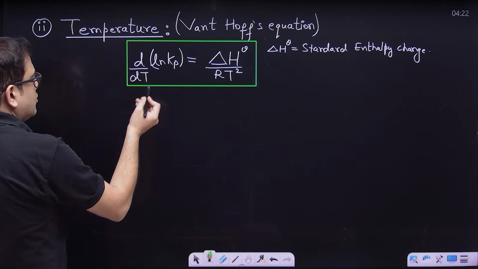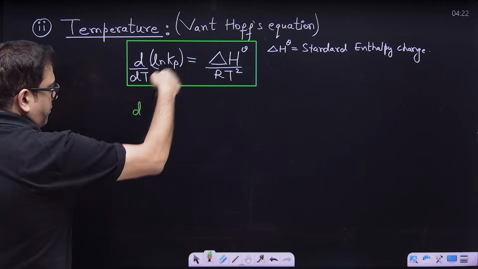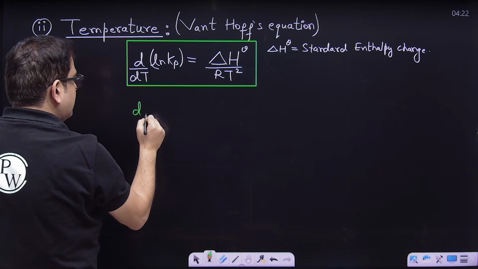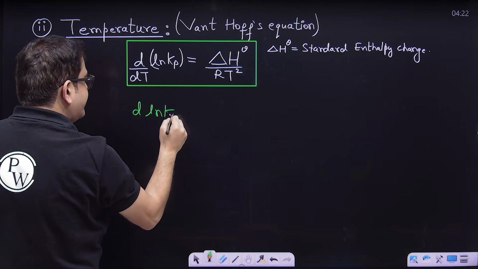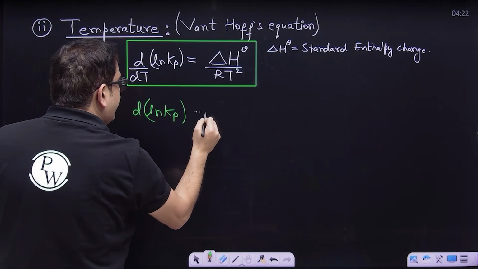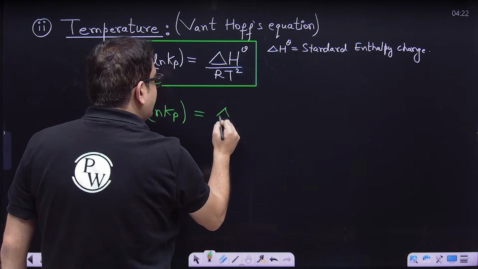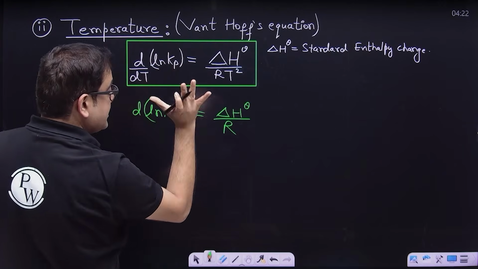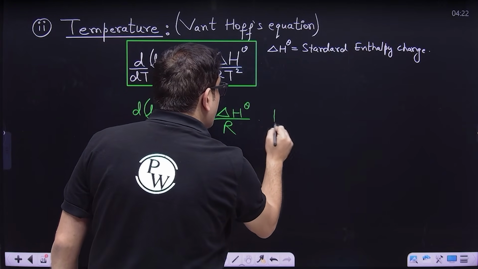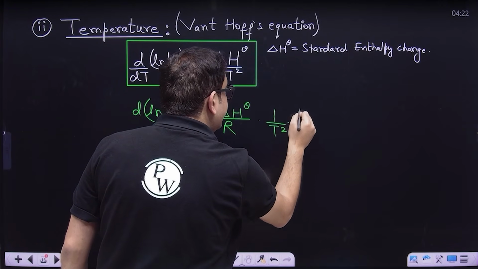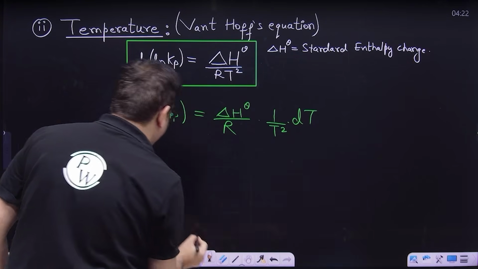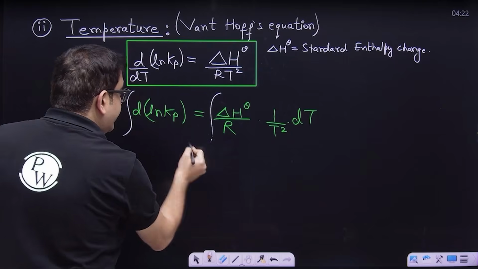Yes. How? Temperature is here, so let us shift this dT to the right side. So d of ln Kp becomes delta H naught upon R, these are constant, into 1 upon T squared dT. We are mathematically seeing something. You can integrate them.